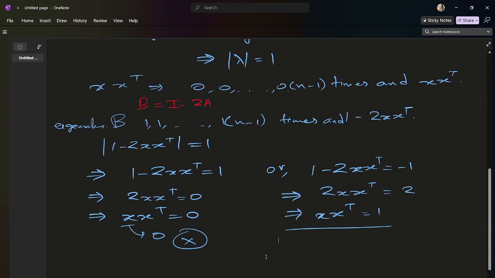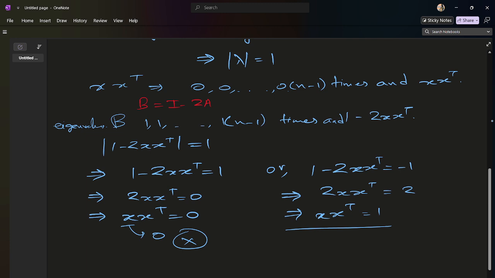Our eigenvalues are of unit modulus, so we used mod of 1 minus 2 x transpose x equals 1.